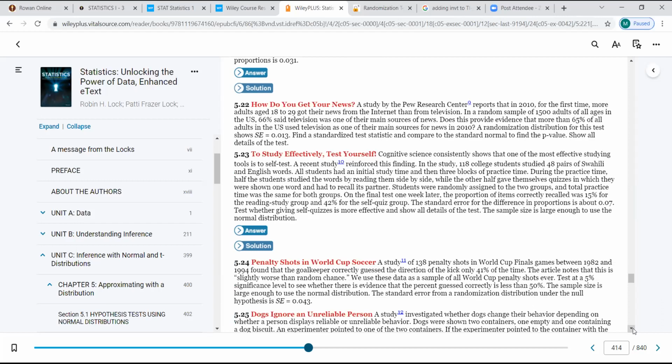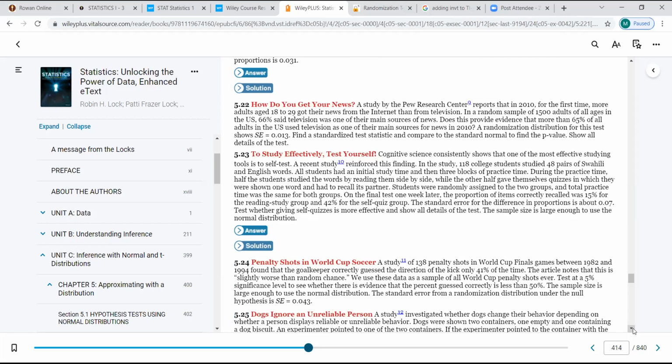Group 1 is going to be the self-quiz group, so p hat, the sample proportion for that group, is 0.42, or 42%. And for the group that just did reading, the regular way of studying, group 2, the proportion is 0.15. The standard error that we're going to use is 0.07.